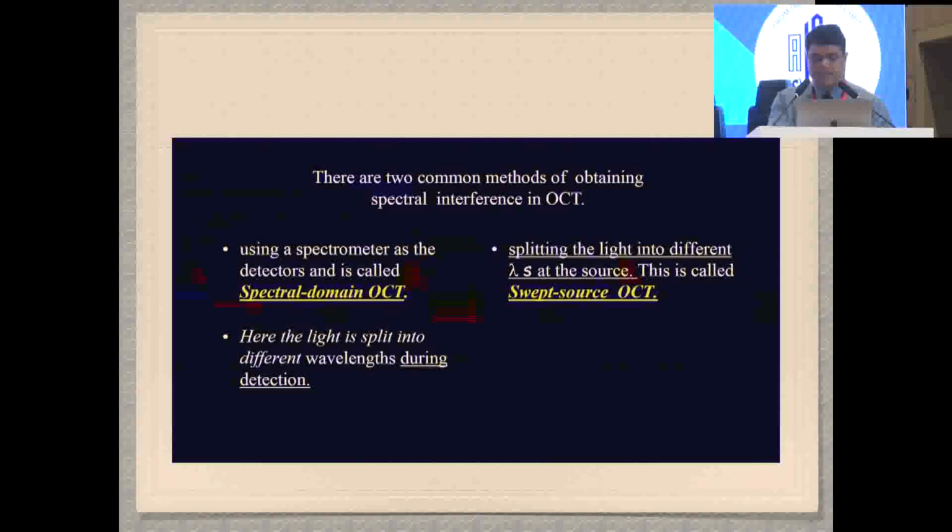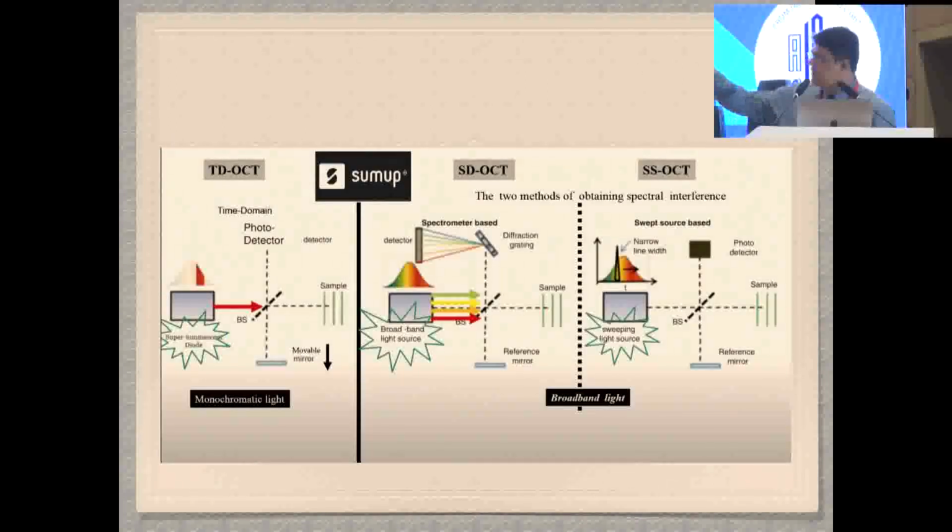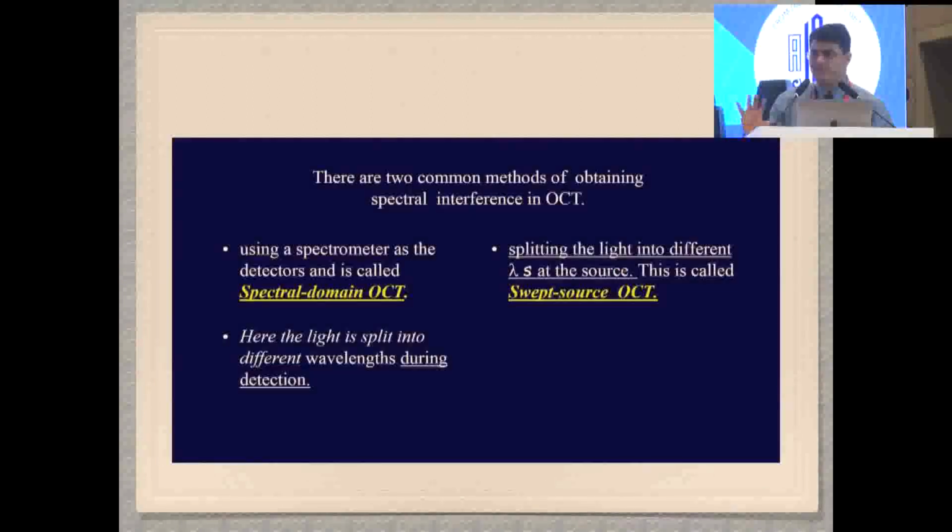In spectral domain OCT, there is a photodetector at which the interference is done. Whereas in swept source OCT, the light source itself is a sweeping source with a variable wavelength. That's the basic difference.